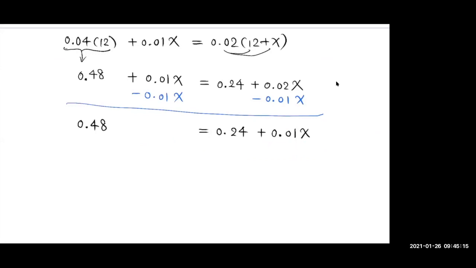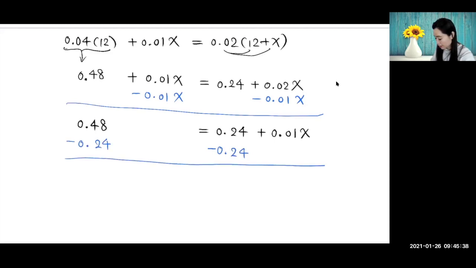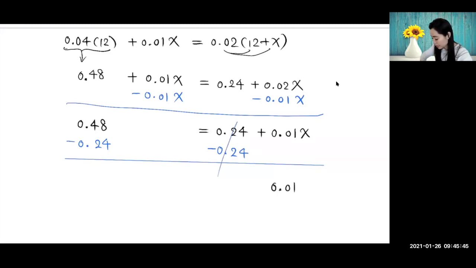Now you have this x on this side, and you want to have the number on the other side. So let's get rid of this number on this side. So we will subtract 0.24 on both sides. Now that will cancel, and that will give me 0.01x on this side, and this side over here I get 0.24.